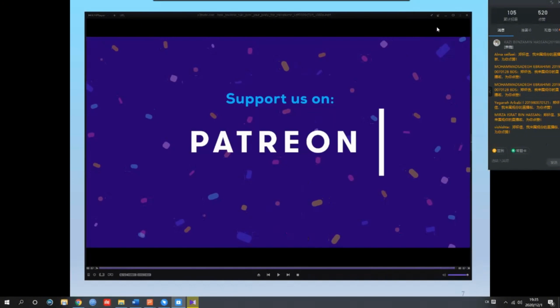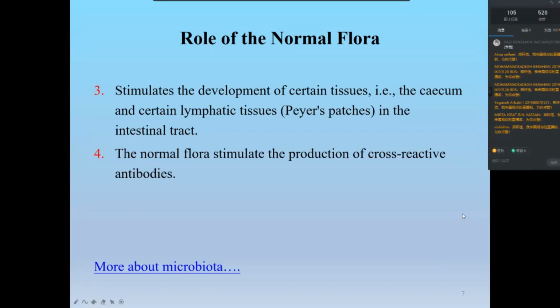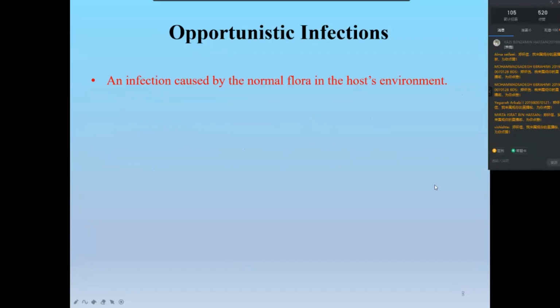Now the pathogen, or part of the normal flora, C. difficile, will rise up, will dominate the gut, and they can cause infection. They can cause mucosal injury, so this mucous membrane is disrupted. Once the injury happens, your immune system can sense the injury, so it will send the immune troops, the immune cells, to the infection site.